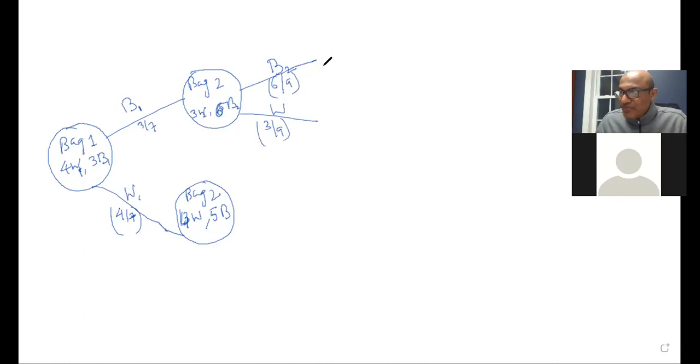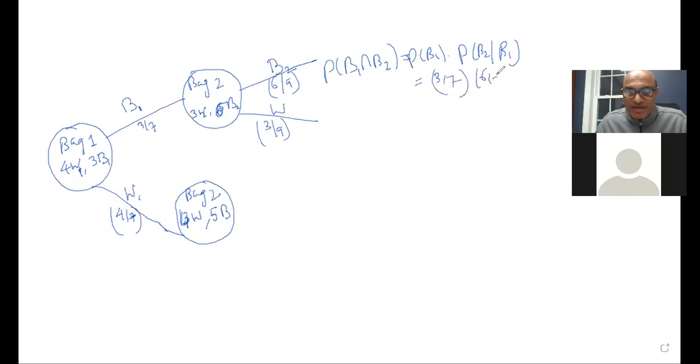You can say that probability of B1 intersection B2 is equal to probability of B1 times probability of B2 given B1. Agree? Probability of B1 is 3 by 7 and probability of B2 given B1 is 6 by 9. So this is the answer.